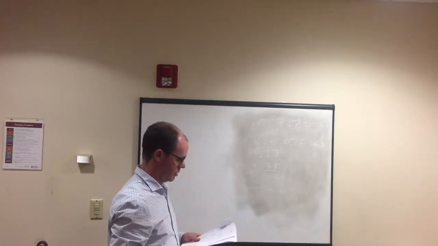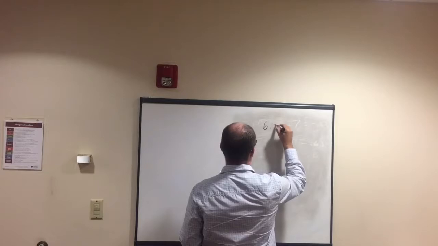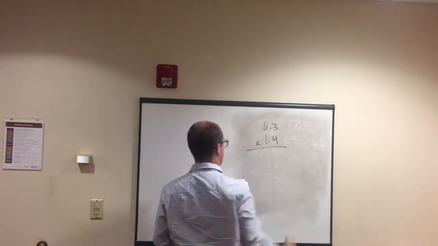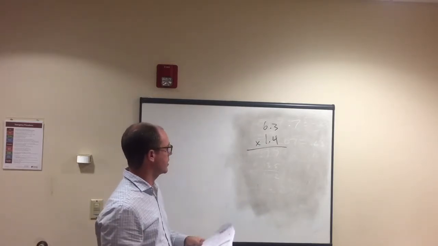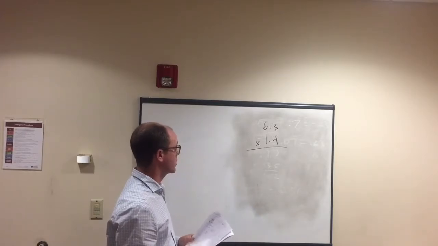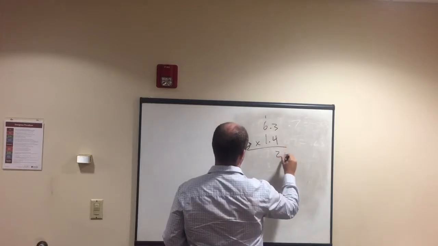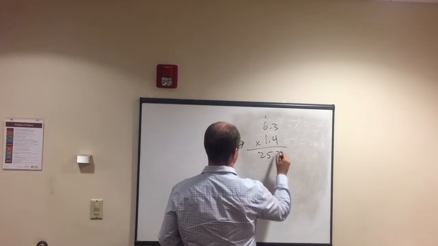Okay, multiplying. So this is pretty much just your multiplication tables and then knowing where to put the decimal. Maybe that's a little bit confusing sometimes, right? 4 times 3 is 12. 6 times 4 is 24, plus 1 is 25.